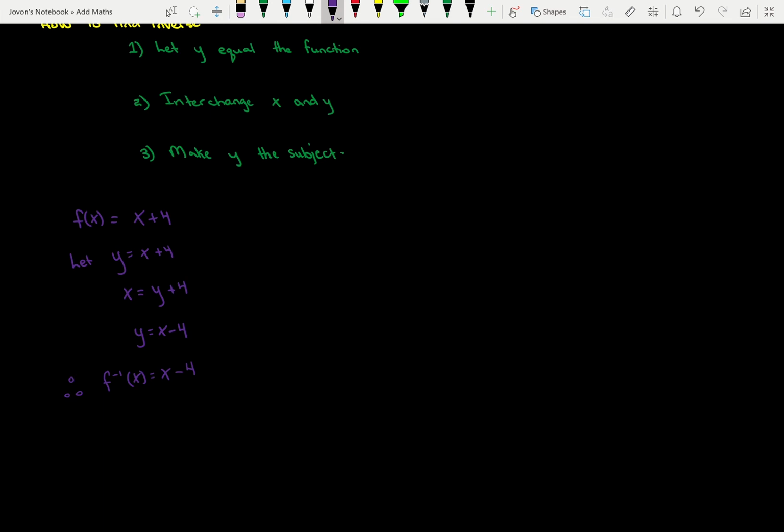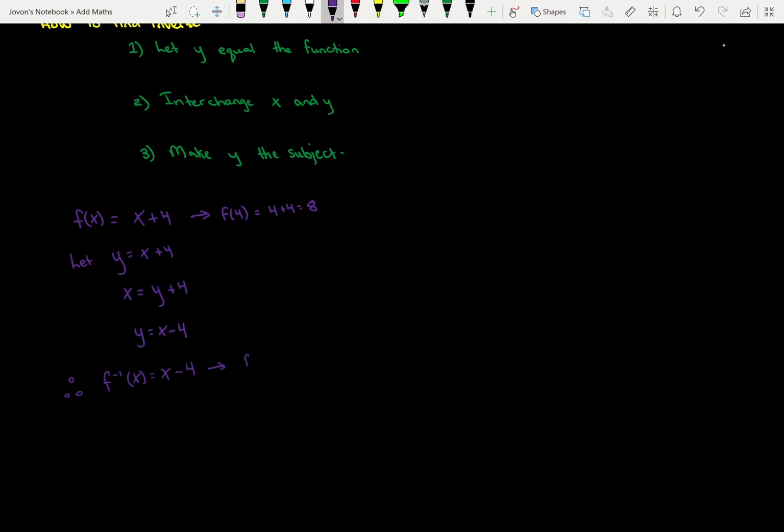So if we have f of x, and let's say we substitute x as 4 in here, we have f of 4. f of 4 will give you 4 plus 4, which is equal to 8. All we will do now is the inverse function.